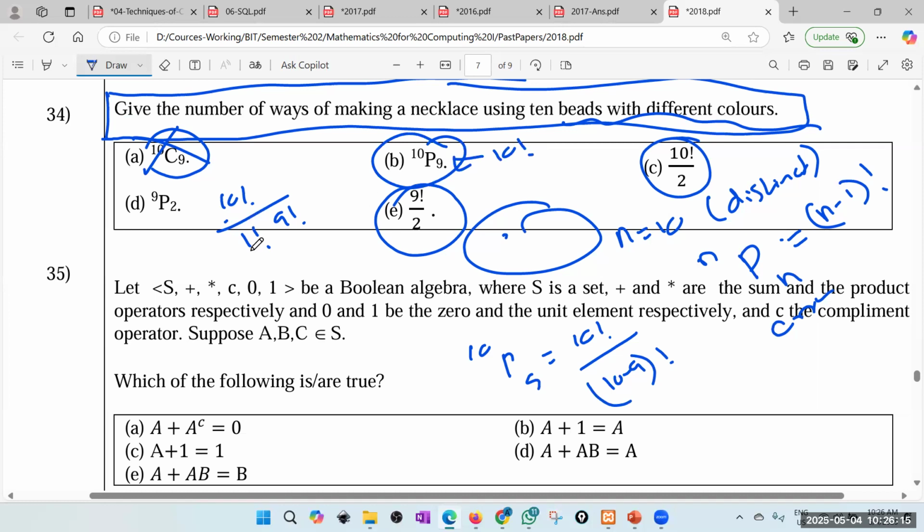So then what about this? Okay. So this can't be right because, okay, let's see. This is nP2, that is factorial n divided by factorial n minus r, that is factorial 7 divided by factorial 2. No, that can't be the answer also. Right? So it looks like none of these are correct for me.